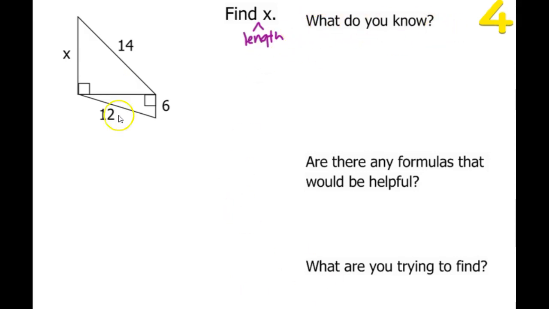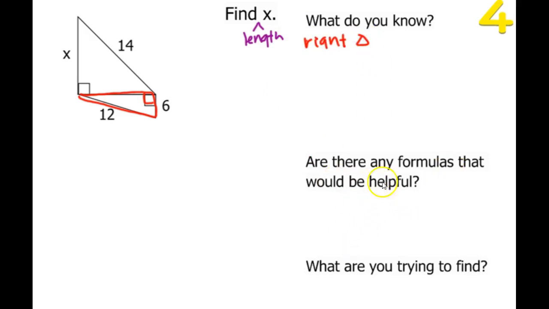However, we do know we have two sides of this triangle. I'm going to look at my other questions. It says, are there any formulas that would be helpful? Well, what kind of triangles are these? We know we have right triangles.